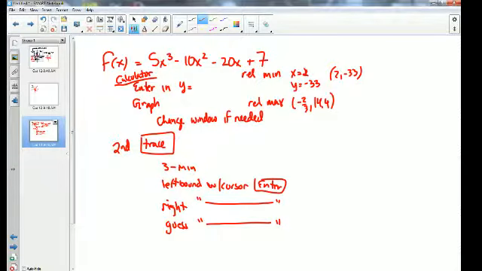I know you don't have these calculators at home. A lot of you do not. You can go to graphing calculators on the internet. You can do this with them. So if you have internet access, you can get graphing calculators.